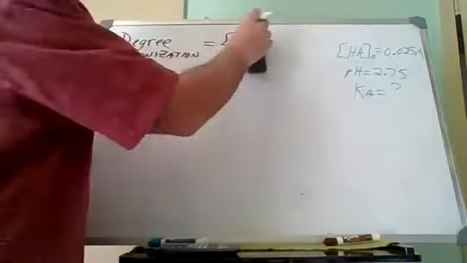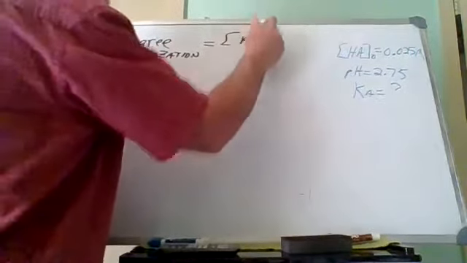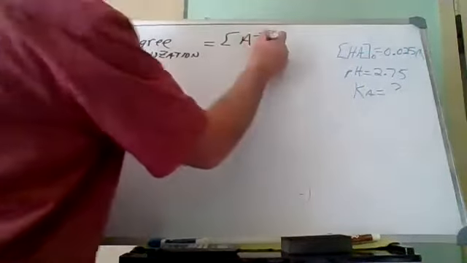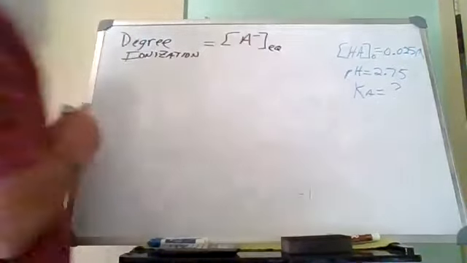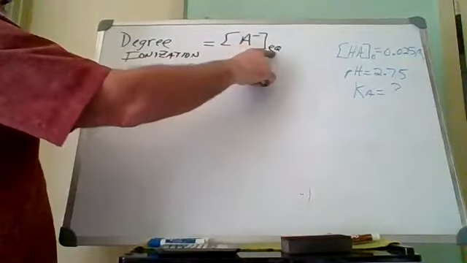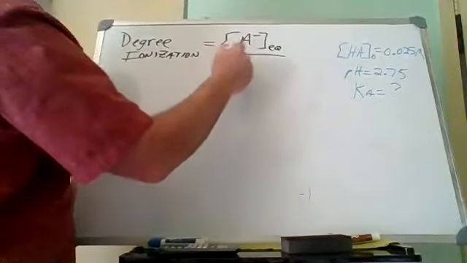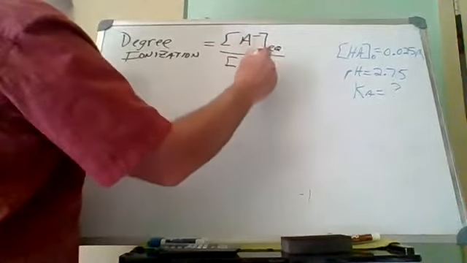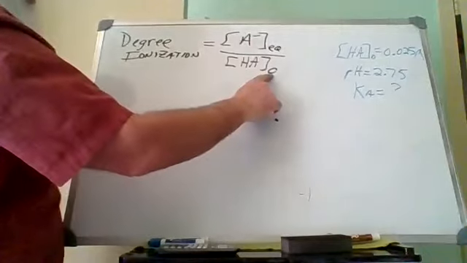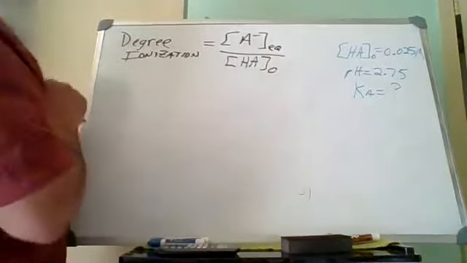Actually, let's not call it that. Let's call it A minus. They're the same in this problem, but they won't always be. At equilibrium, the concentration of the conjugate base, which is the same as the hydronium ion concentration in this problem, divided by the starting concentration. So I'm writing a 0 here. It's not at equilibrium, it's the starting concentration.